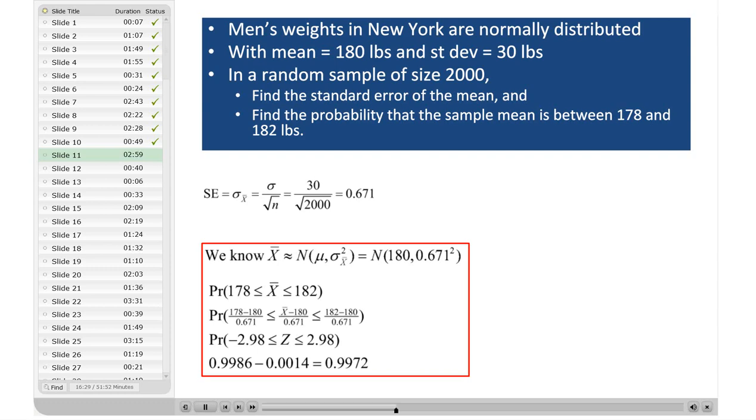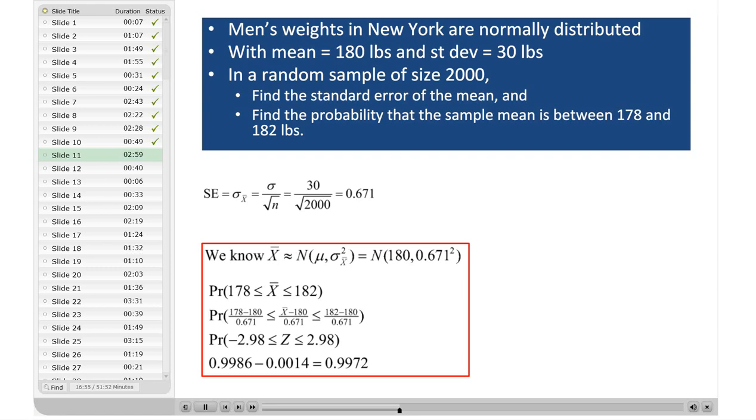And that's actually really quite remarkable, because that means that if we're going to use the sample mean as an estimator for the population mean, our estimate's going to be really close. Our estimate's going to be between 178 and 182, well over 99% of the time. But 178 to 182 is a pretty narrow range.